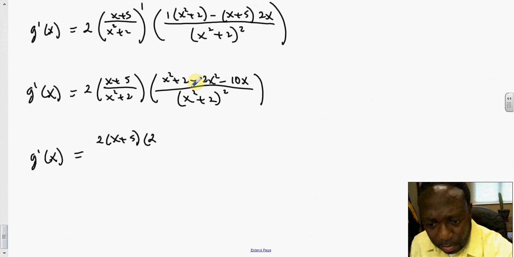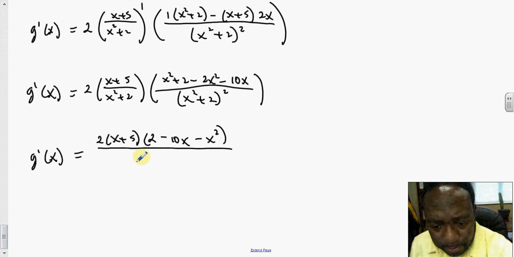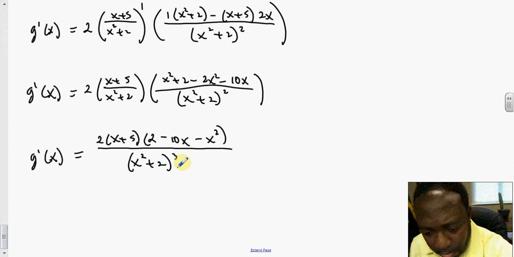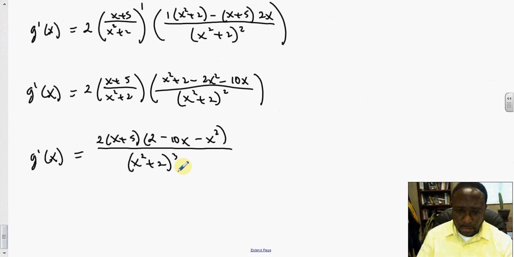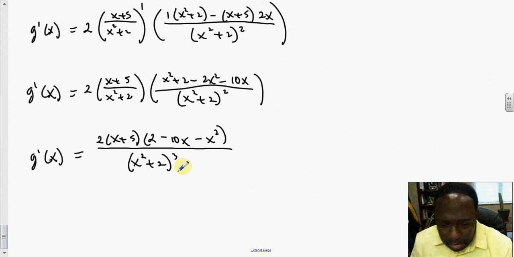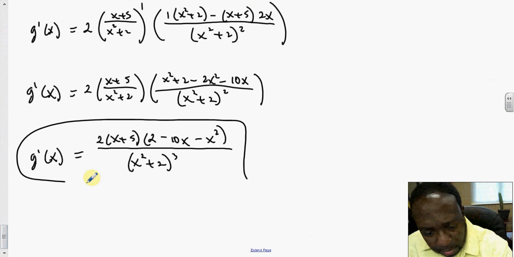This is a 2, and then this is minus 10x, and then x squared minus 2x squared is just minus x squared, and this is all over x squared plus 2 to the third. I think that's good.